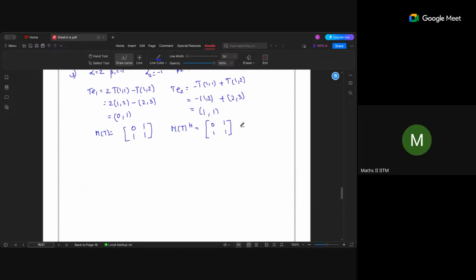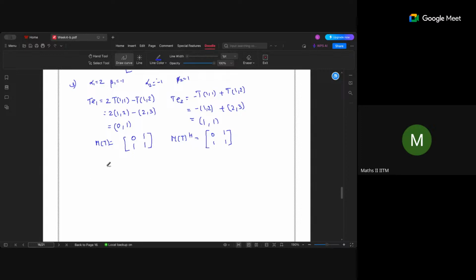So suppose you have to specifically write what is T star V. How will you do it? For example, in this case, how will you write T star V? Let us say V is V1, V2. You have found the adjoint, multiplied by V. You just have to multiply it with V1, V2.